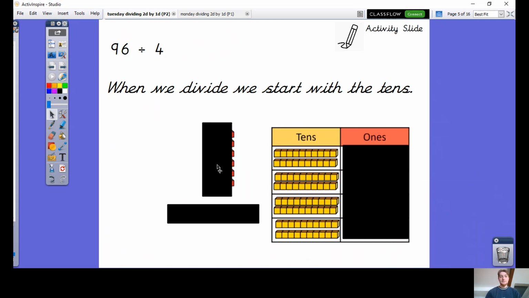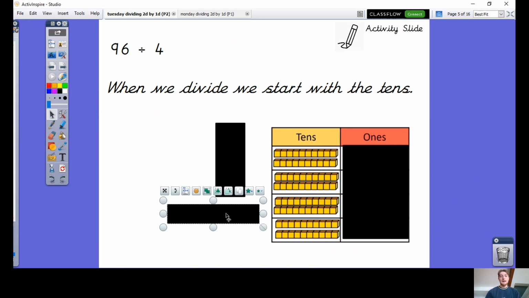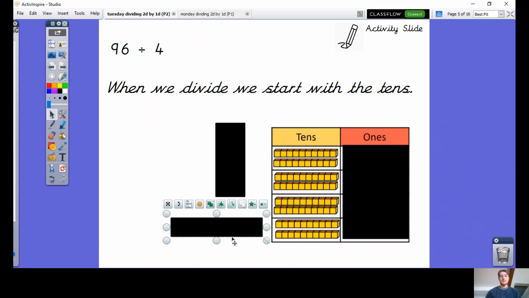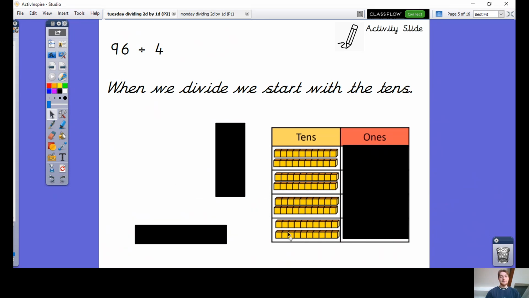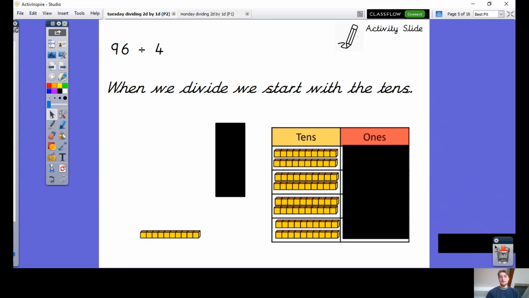Here I've got 8 tens because we divided it out, and I should have a spare 10 left over, because if we had 9 tens, we should have shared them equally into 4 groups, which should have given us 2 in each group and 1 left over.